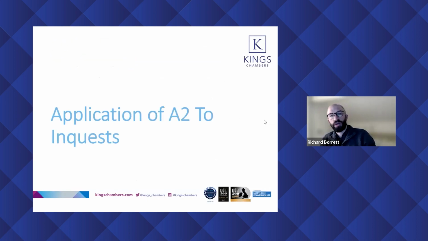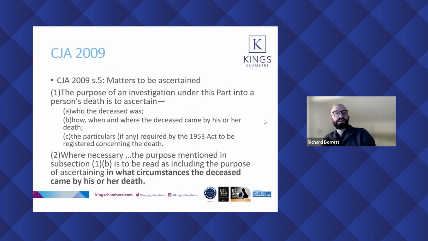So, applying all of that to inquests, as I outlined earlier, the question becomes wider if Article 2 is engaged, being not just how, but how and in what circumstances. So it can include wider matters, such as the structure, potentially issues of funding or policy that wouldn't normally be investigated by a coroner.